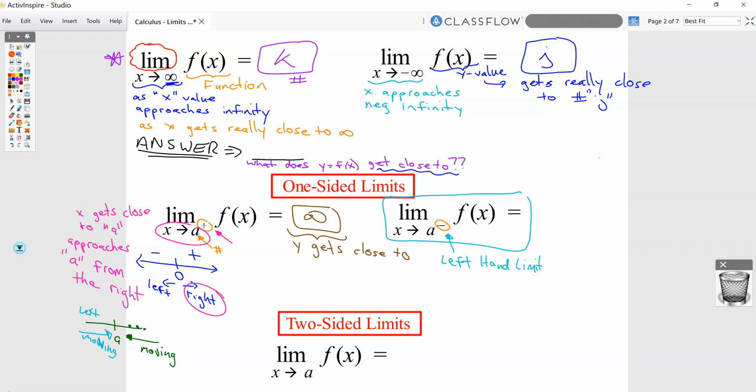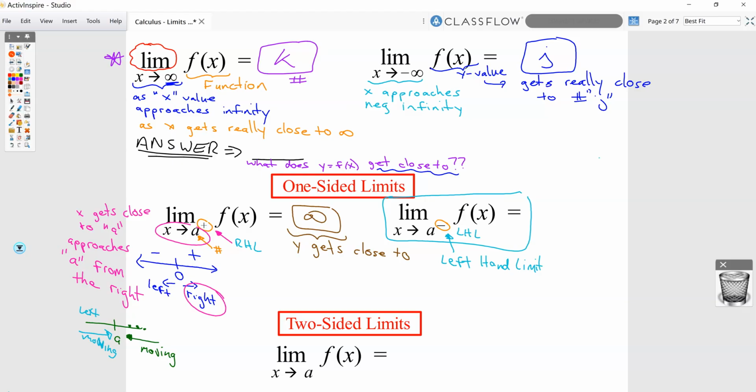All right, so the positive symbol means right-hand limit, and you'll see me abbreviate that RHL. The negative symbol means left-hand limit, so you'll see me abbreviate that LHL. So positive sign has nothing to do with where the number A is. It just means positive is on the right, negative is on the left. And again, the big idea, as we let the x get closer and closer and closer, what does the y value get closer and closer to?